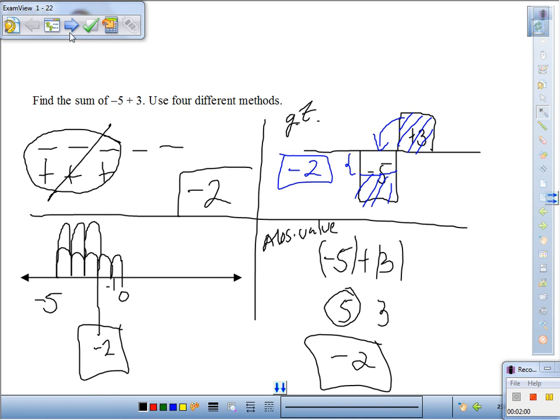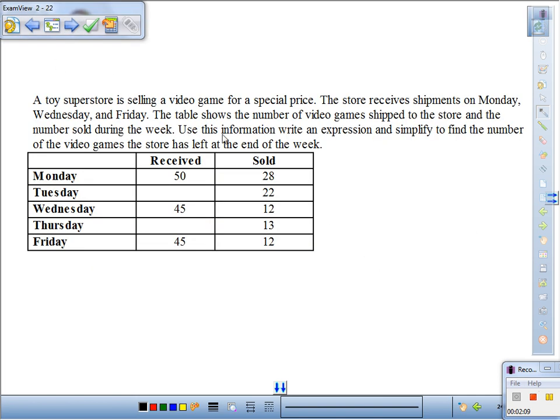Number 2. Video games. I mentioned this about a store, right? Let's say you have a store. So Emma gets all this inventory received into the store. All these received are what? Positives, because they go into the store. What is 50 plus 45 plus 45? 140. Everything that leaves the store is negative, because we're talking inventory.